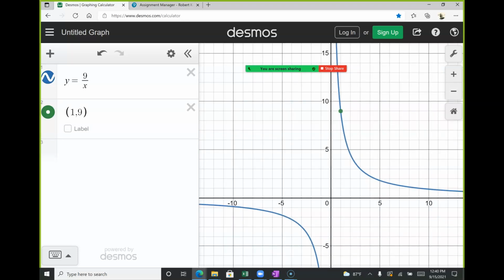I want to have some future point of 1 plus h, right? So I think I can put that on as well. So I have 1 plus h, comma, f of 1 plus h, which is just 9 over 1 plus h. 9 divided by 1 plus h.